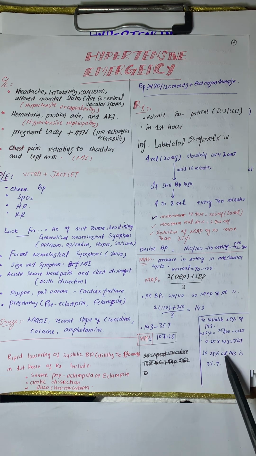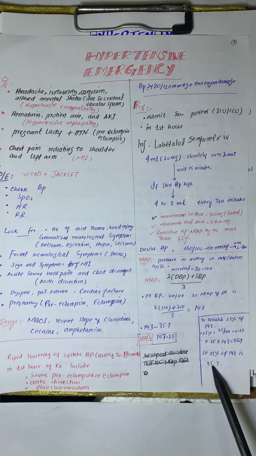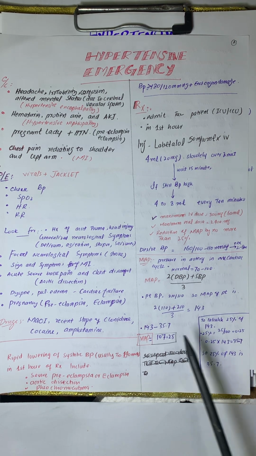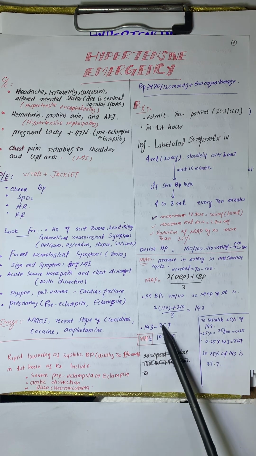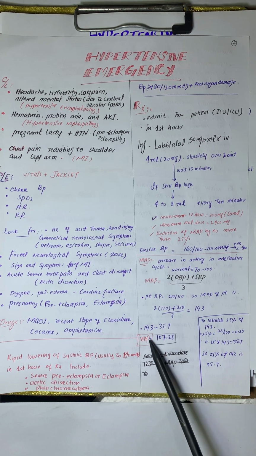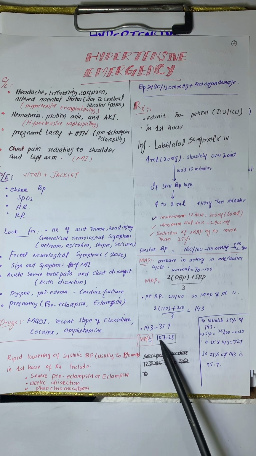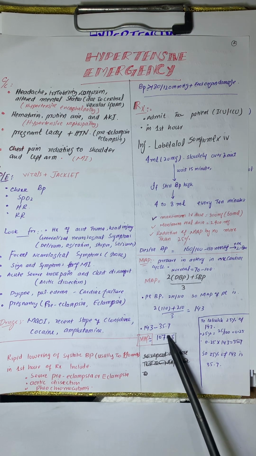So 25% of 143 is 35.7. 143 minus 35.7, so the mean arterial pressure is equal to 107.